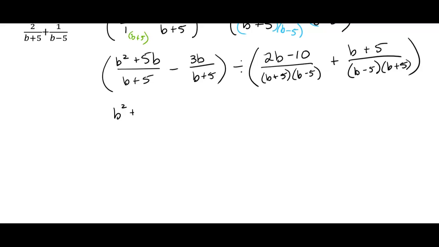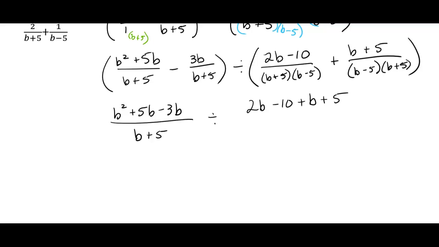Okay, so now we can do the subtraction in the first set of parentheses. B squared plus 5b minus 3b, I'll simplify that later, over b plus 5 divided by, and then I'm going to have 2b minus 10 plus b plus 5 over b plus 5 times b minus 5.